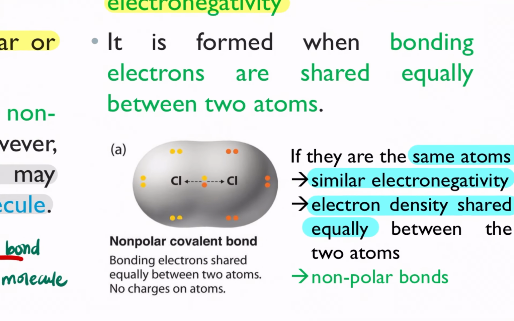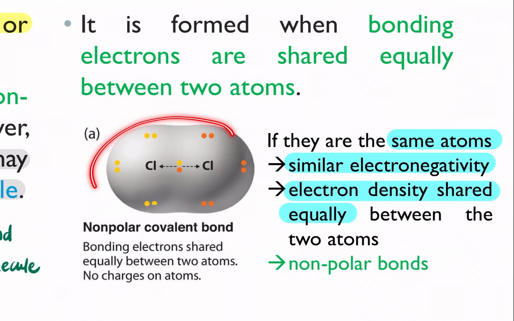So let's say you have a chlorine molecule, both atoms are Cl. That means they are the same atom of similar electronegativity. Therefore, the electron density will be shared equally between the two atoms.